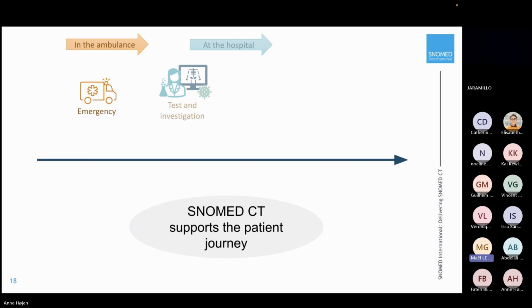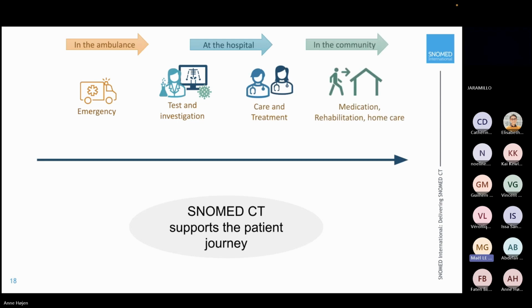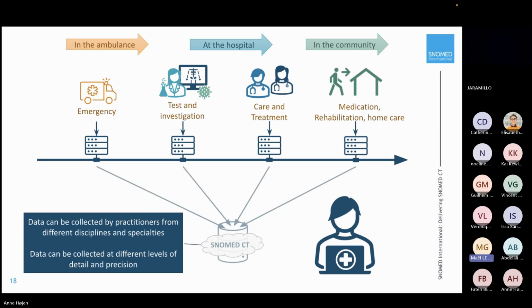And let us just take a look through an example of a patient journey through the emergency, through the tests and investigations that are performed at a hospital, to the process of care and treatment, to medication and rehabilitation. Information is captured. It starts when the accident happens or the disorder is identified.